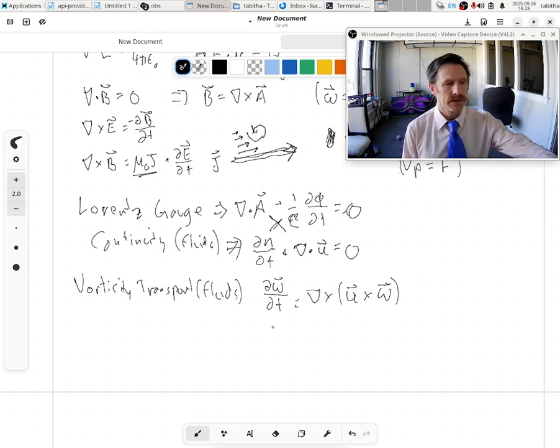And this is also mirrored in our magnetic field evolution for a plasma, where, again, as you might expect, this is a magnetic field here.